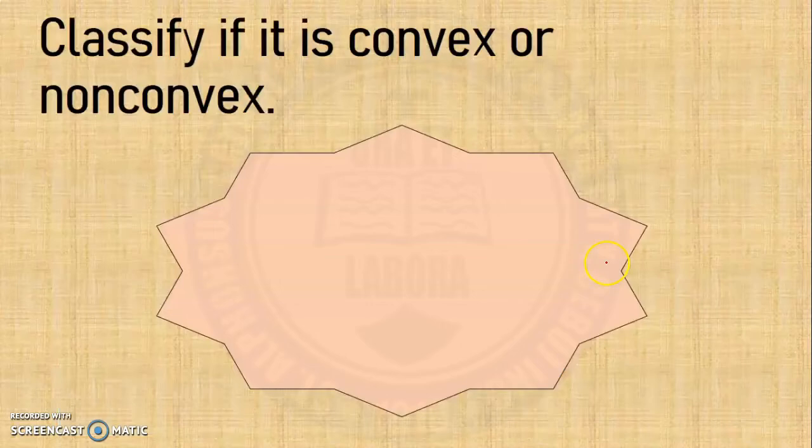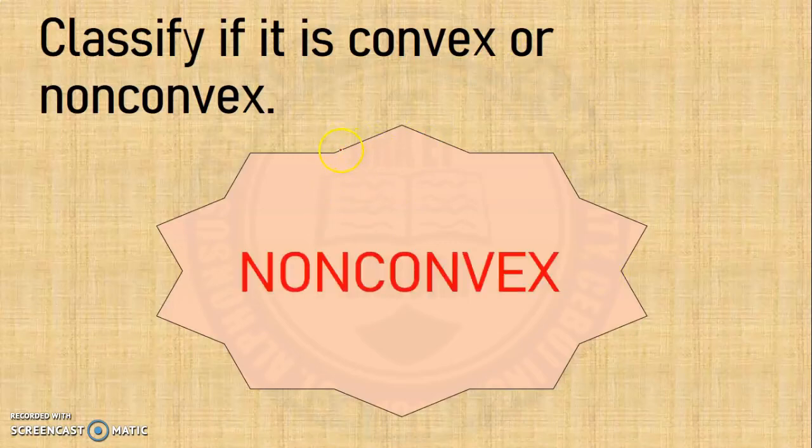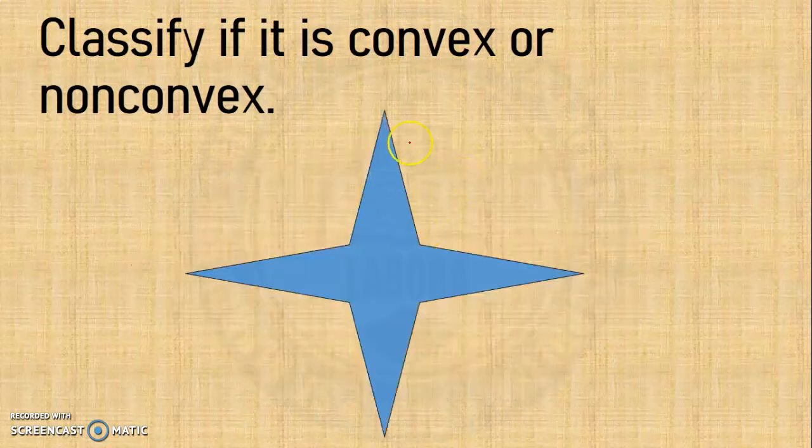Let's have more examples. Classify if it is convex or non-convex. It's very obvious this is non-convex, because if we extend this side, we can see lines in the interior part. How about this one?